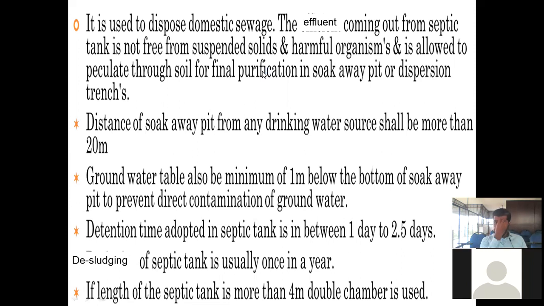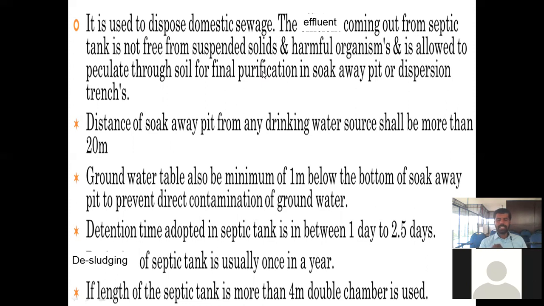Inside the septic tank, soil waste only will come, which means the waste from the water closet only.